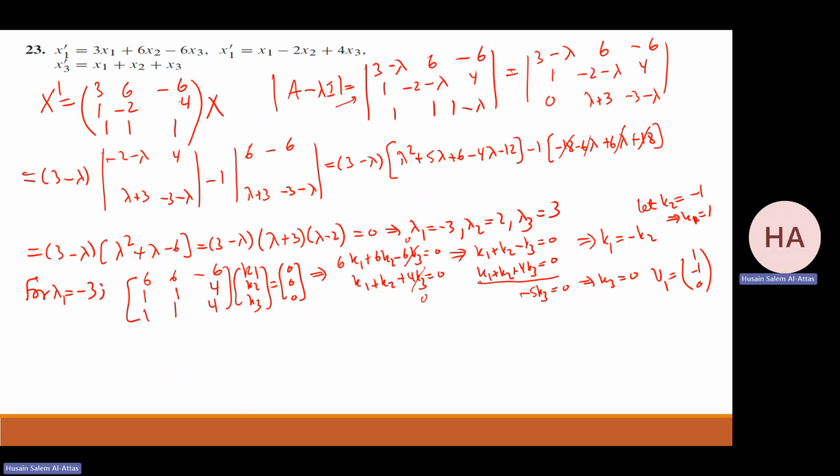This is 1 minus 2 plus 3. That will be 1, 4. This is 1, 1, 1 minus minus, and that will be 4. So very clear.